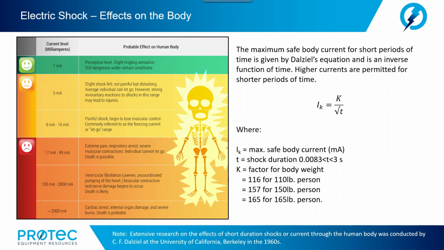The maximum safe body current for short periods of time is given by Professor Dalziel's equation and is an inverse function of time, meaning higher currents are permitted for shorter periods of time, where in the equation we show that the maximum safe body current, I sub k, would equal a factor of body weight divided by the shock duration time.